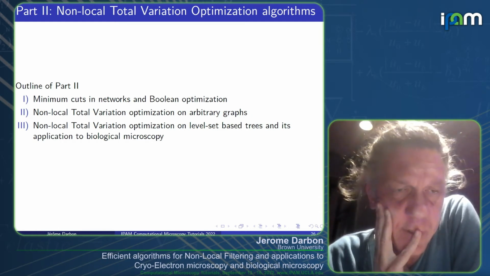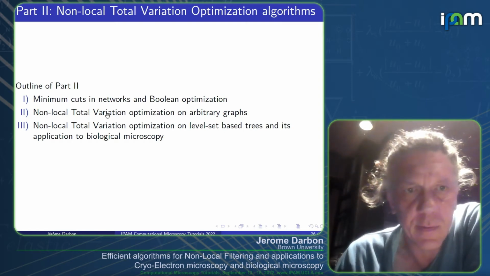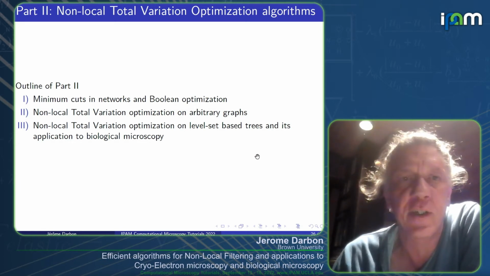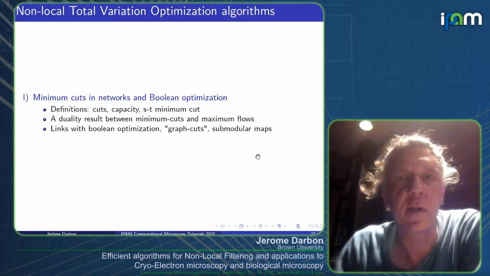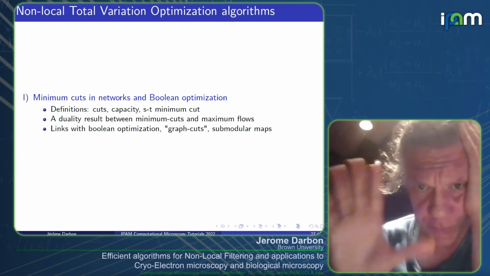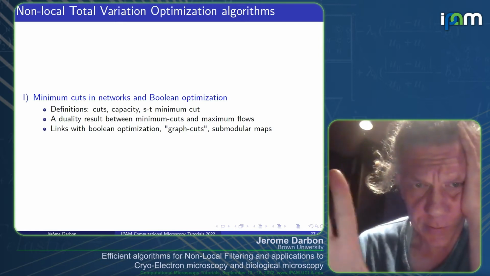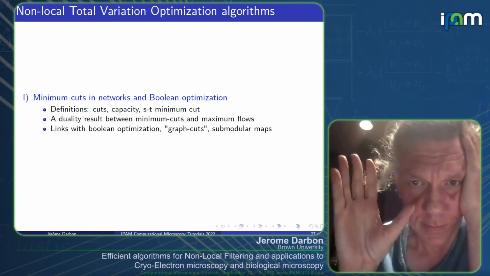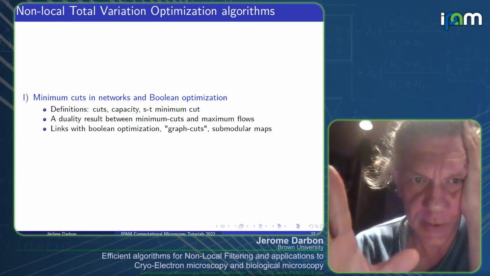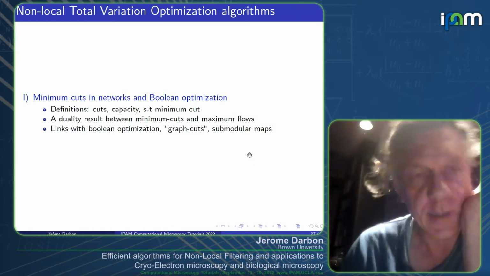So first, I'm going to introduce the min cut and the binary Boolean optimization. Okay, so I just want to give you a big picture of what's going on when we try to connect image processing, optimization, and graph theory.